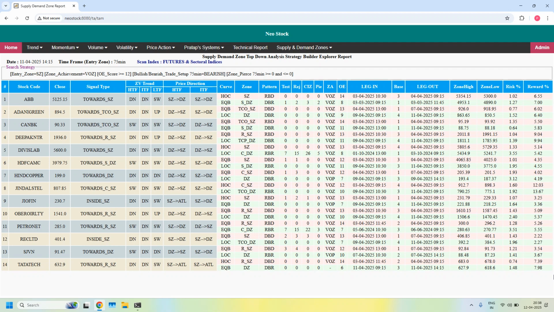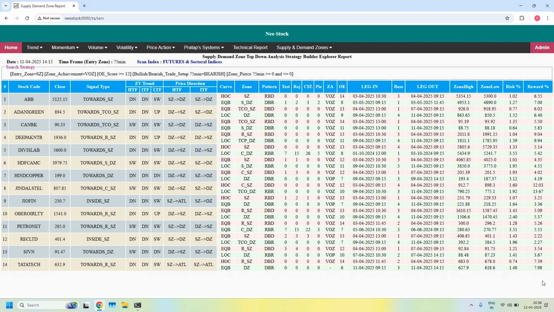All these 14 stocks are supporting bearish trade setup for weekly income trade. And entry time frame zones are these 75 minutes supply zones. So we have 14 75 minute supply zones supporting bearish trade setup for weekly income trade.